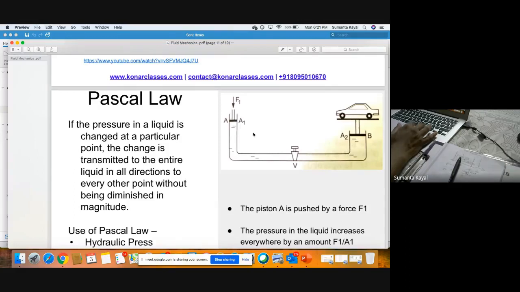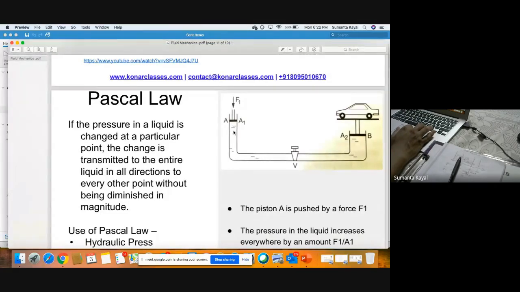You do not need a crane or a very heavy equipment to lift that car. This is exactly what Pascal said in his law, and based on Pascal's law we are doing this particular activity.